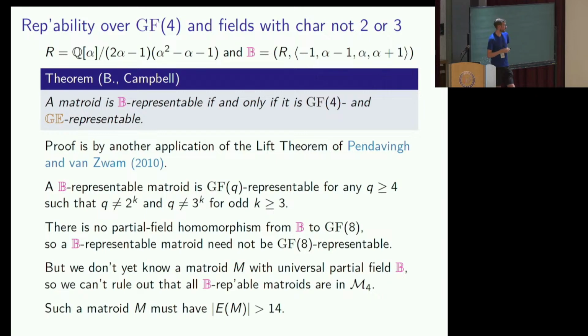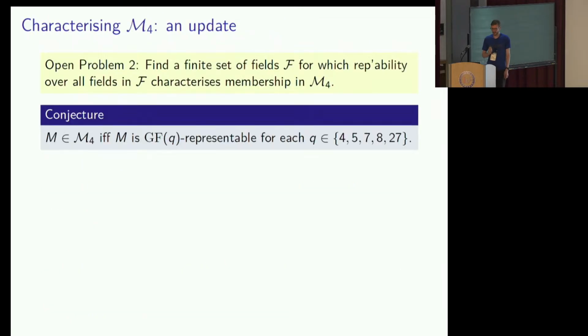So we're on the lookout for a matroid with this as its universal partial field, and then we could say that GF4, GF5, GF7 is not enough. You'd also need GF8. But from our computations, we know that such a matroid would need to have more than 14 elements. So coming up with such a matroid is not such an easy thing.